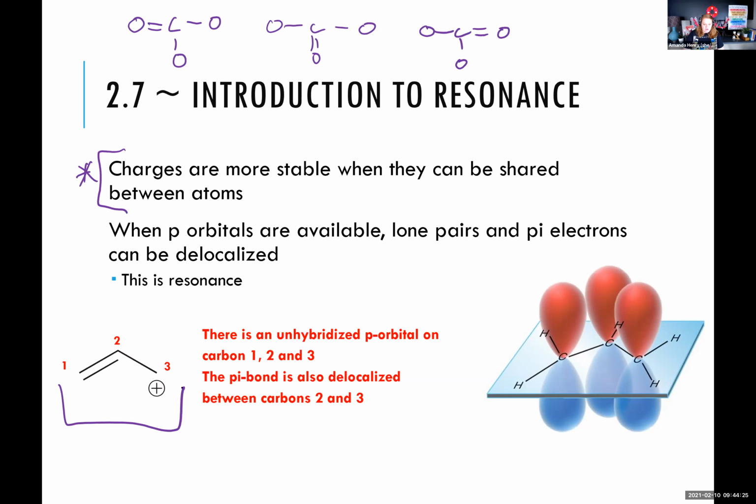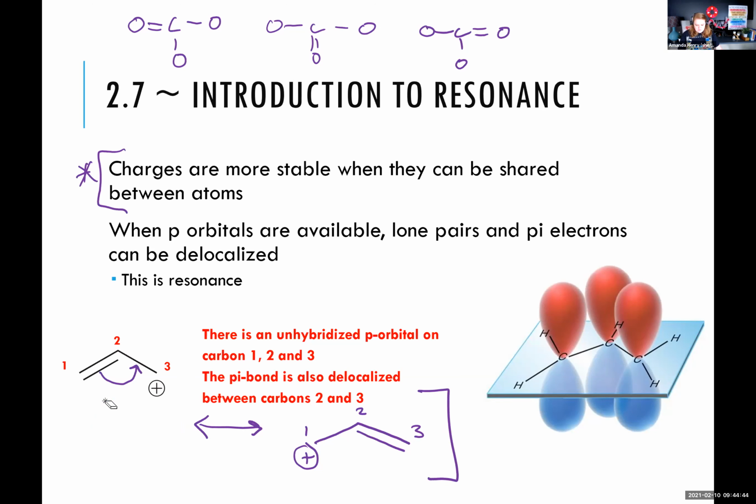But if we can draw that structure in another way, if I can move those electrons right there, and now I have a charge on carbon number 1, those two structures are called resonance contributors.